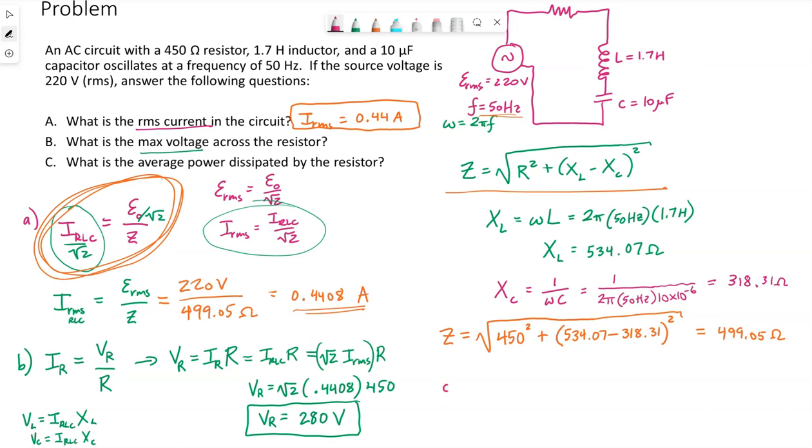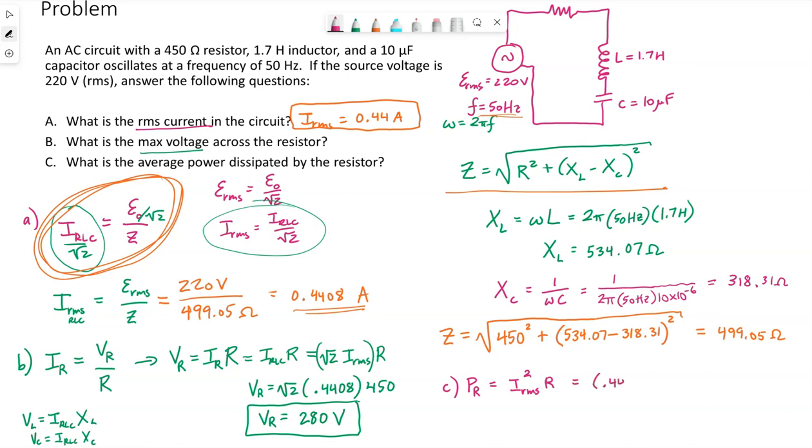Finally, part C, we want to know the average power dissipated by the resistor. Power for the resistor. When I look at this on the test notes, there's a whole bunch of equations. What's power of a resistor is equal to a number of different equations. I'm going to just go ahead and pick the easiest one in my mind. For a resistor, I know power is I squared R. That does need to specifically be the I RMS value, which we happen to have.